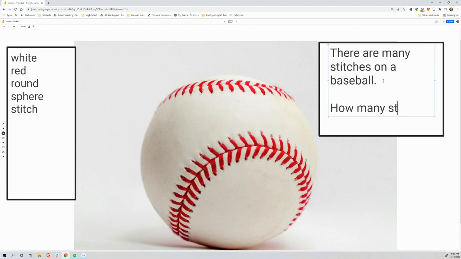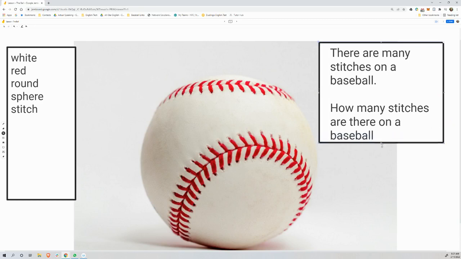How many stitches are there on a baseball? This down. So there are many stitches on a baseball. How many stitches are on a baseball?